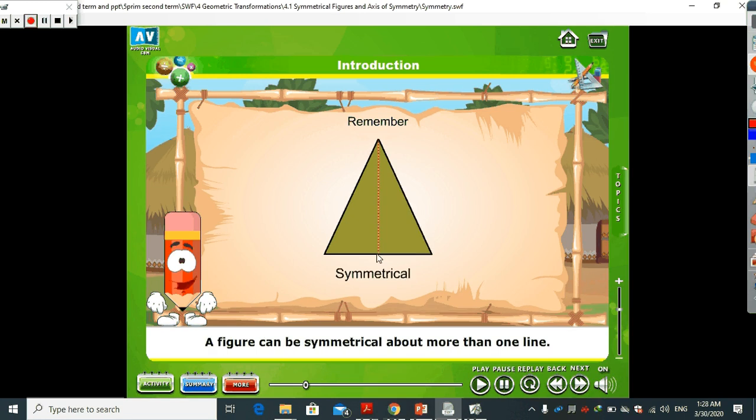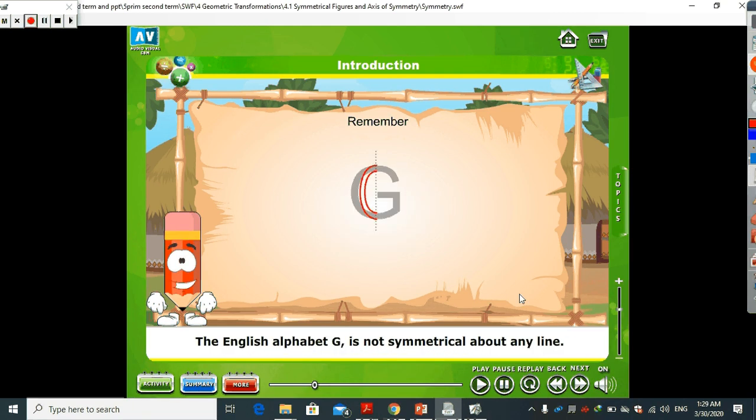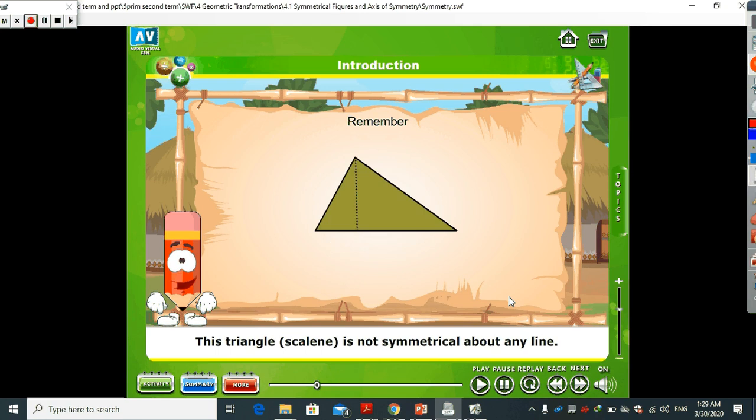A figure can be symmetrical about more than one line. If the 2 parts of a figure divided by a line do not fall exactly on one another, then the figure is not symmetrical about that line. The English alphabet G is not symmetrical about any line. This scalene triangle is not symmetrical about any line.